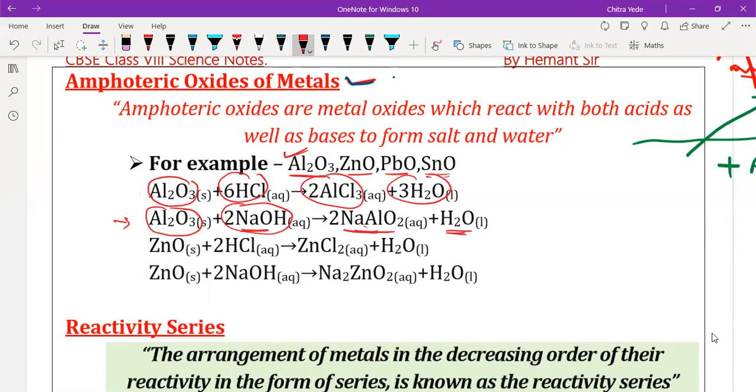So aluminum oxide reacts with acid as well as base to form salt and water. That's why aluminum oxide is an amphoteric oxide.